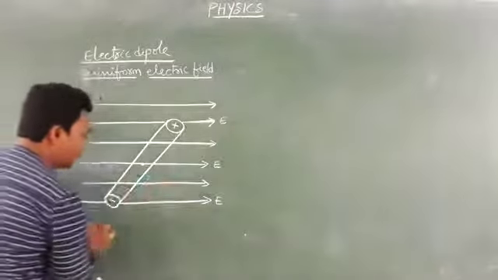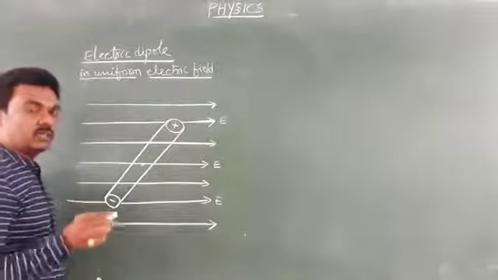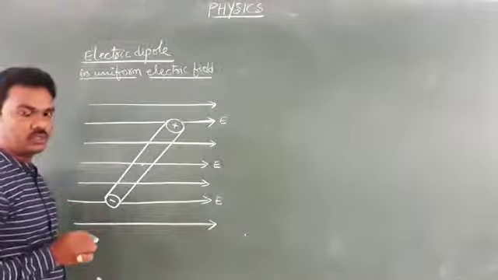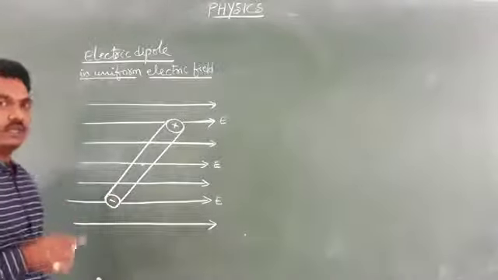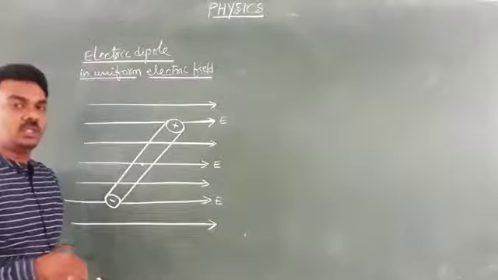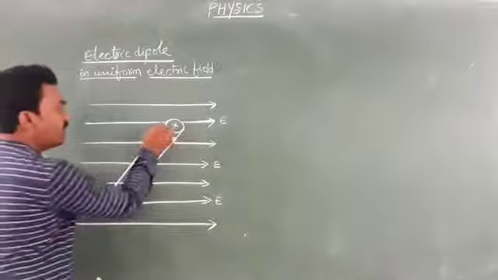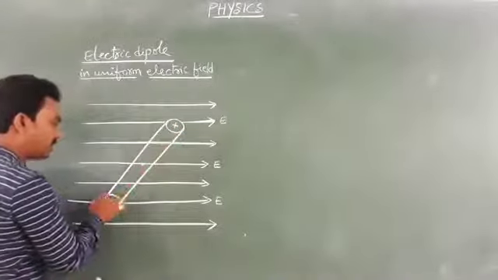You have learned in the earlier class that whenever a charged particle is present in an electric field, it experiences a force. If it is a positive charge, the force is in the direction of the field. If it is a negative charge, the force is against the field. Now your dipole is the combination of two unlike charges of equal magnitude separated by a distance.